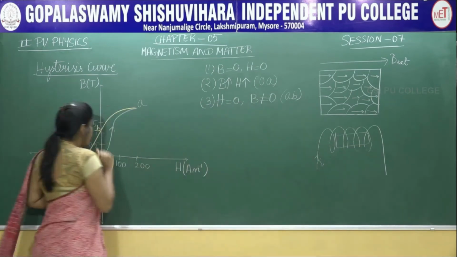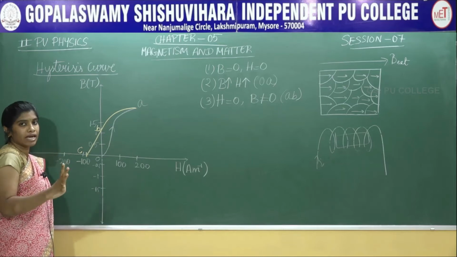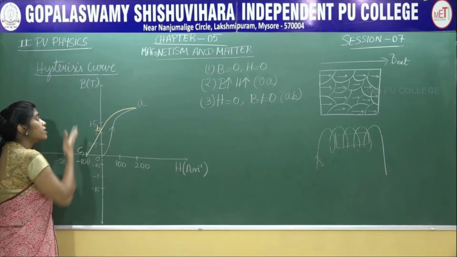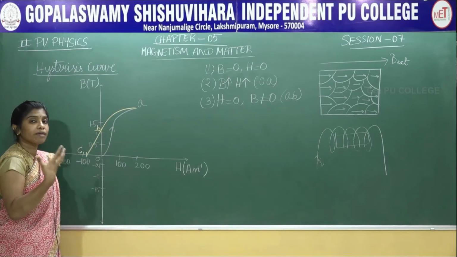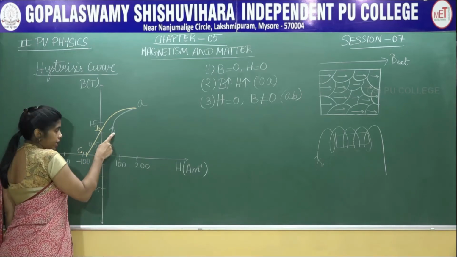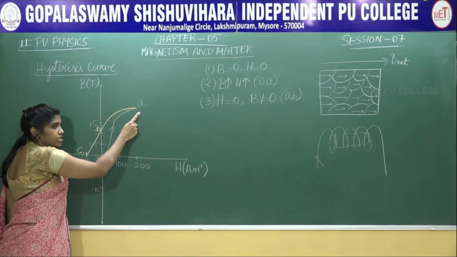So, once again, initially the ferromagnetic material was unmagnetized. Then, you increase the current in the solenoid, the magnetic field also increases and makes the ferromagnetic material magnetized. As you increase the current, the magnetic field increases and saturates.